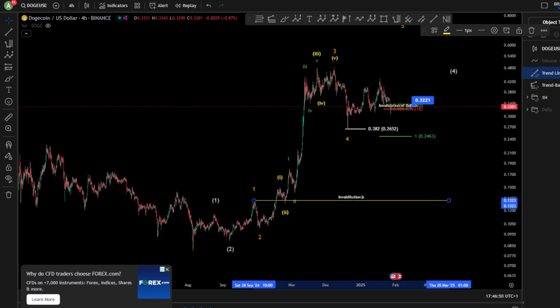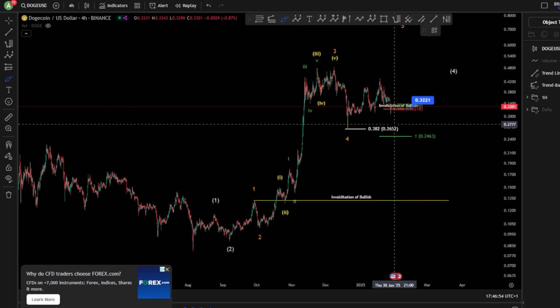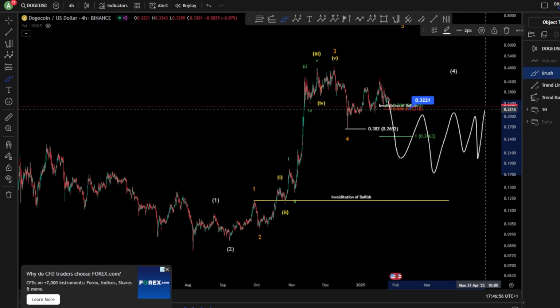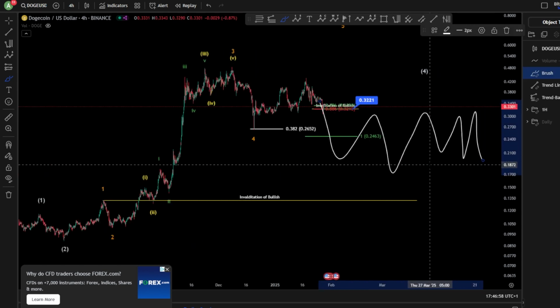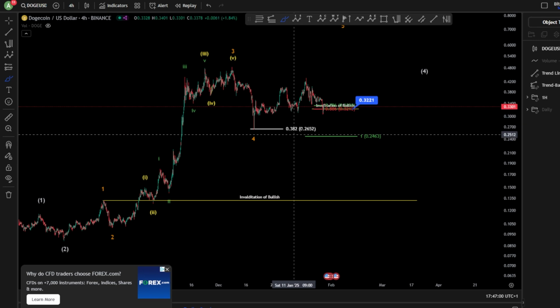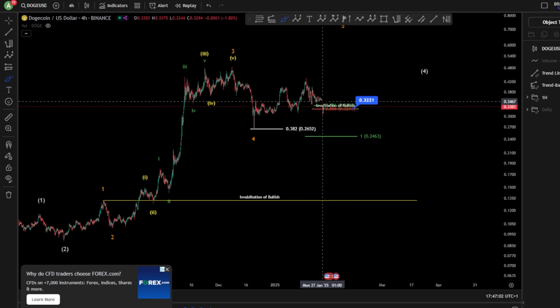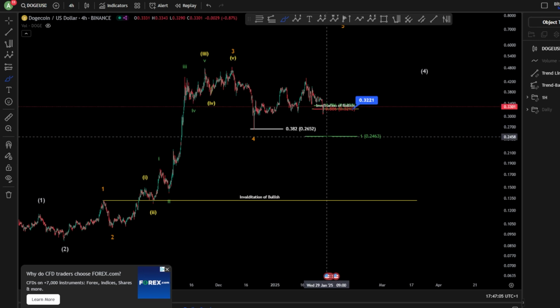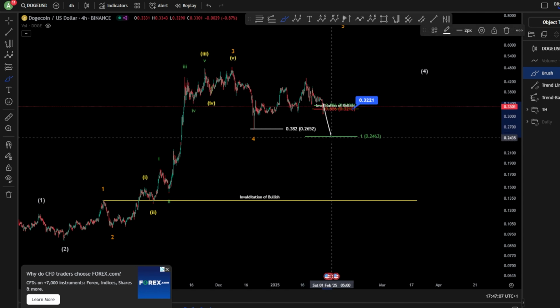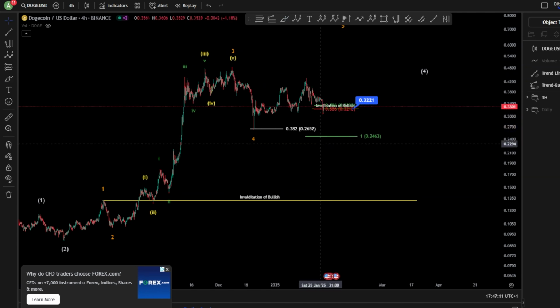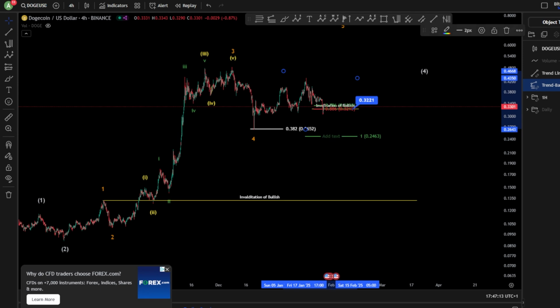Invalidation of a bullish scenario. Imagine that we arrange the whole time here, we are still bullish, but it might take so much time. However, let's take it like this. If we move lower than the 1-to-1 fib level, I would say, let's call it 50% bearish.